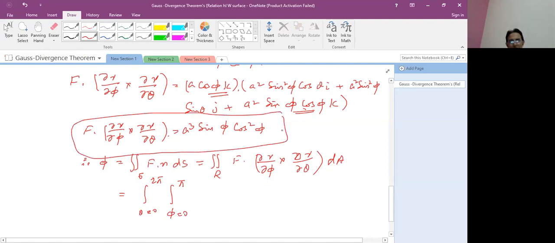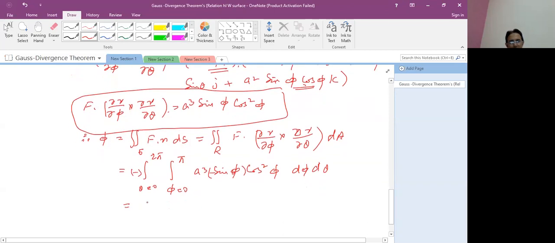We will put here a cube sine phi cos square phi into d phi into d theta. So the derivative of cos is minus sine, so we will apply the negative sign on both sides, and the integral of cos square phi means cos cube phi.